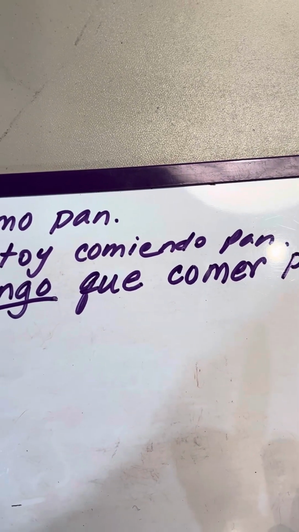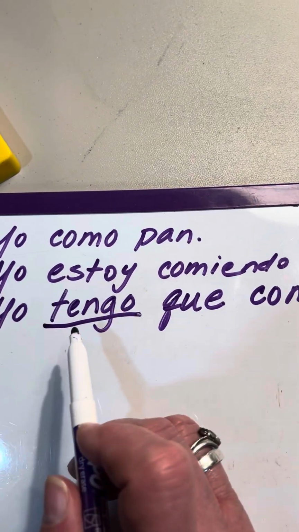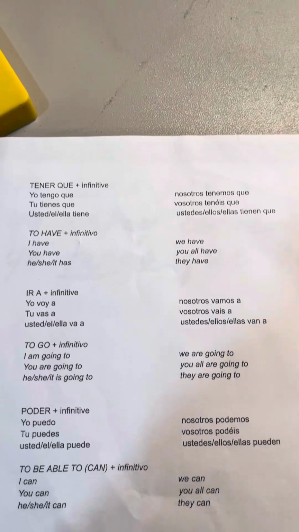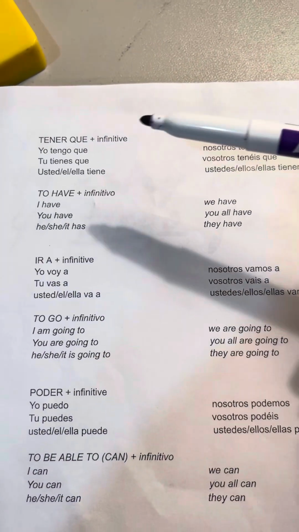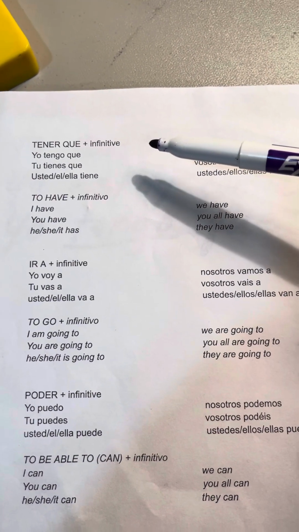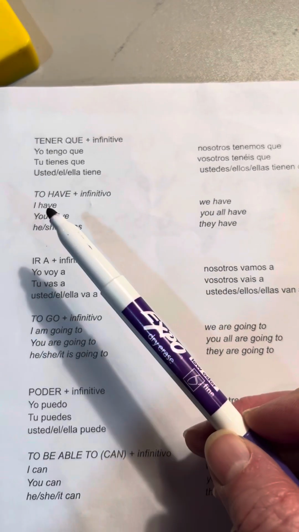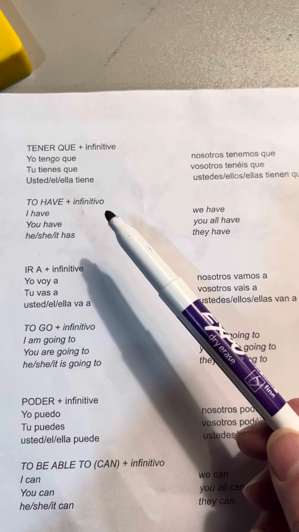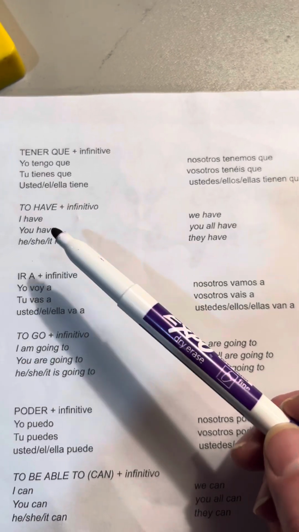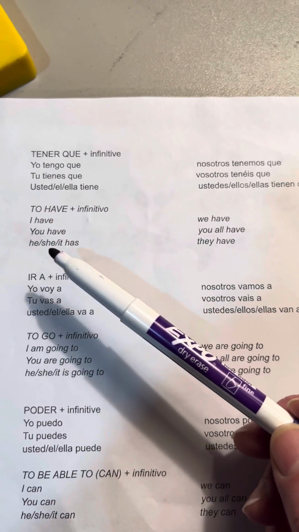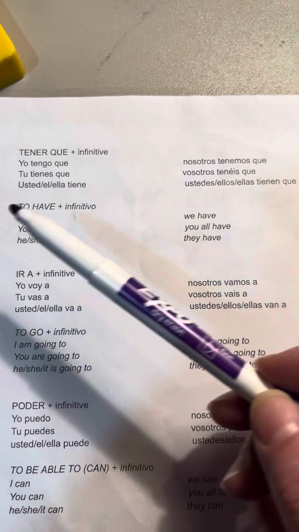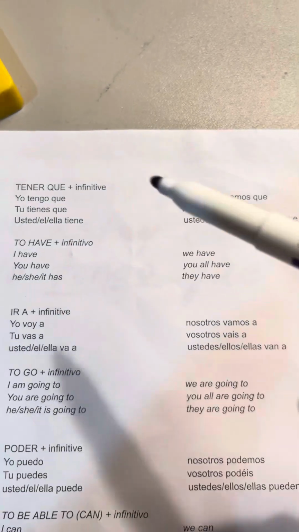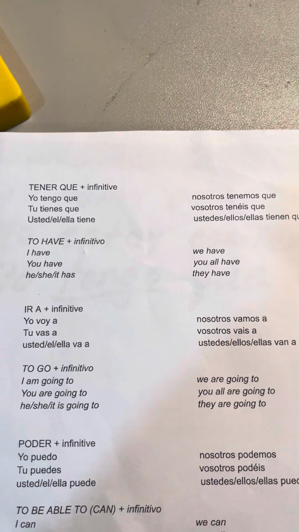To eat is the infinitive form. I have reflects your person. So our first of these compound verbs we're going to do is tener que plus infinitive, or in English it would be to have plus infinitive. I have, you have, he, she, it has, just like we know in English, right?